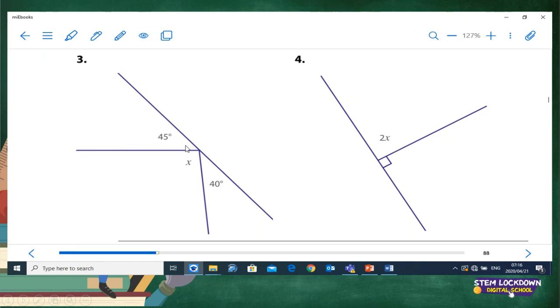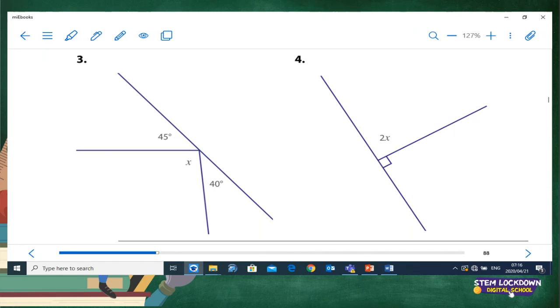So the joining of these 2 lines gives us 3 angles. The first being 45 degrees, x degrees, and 40.